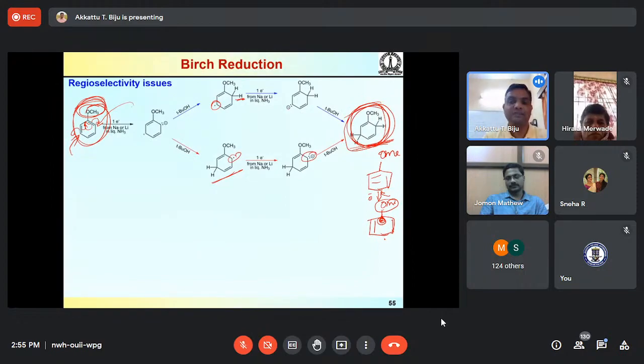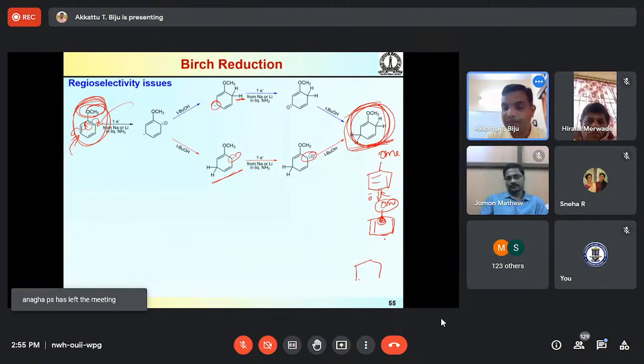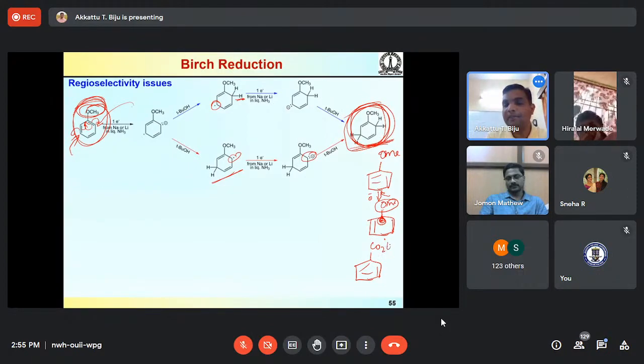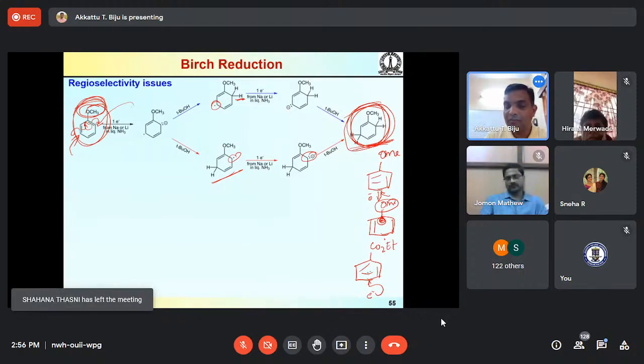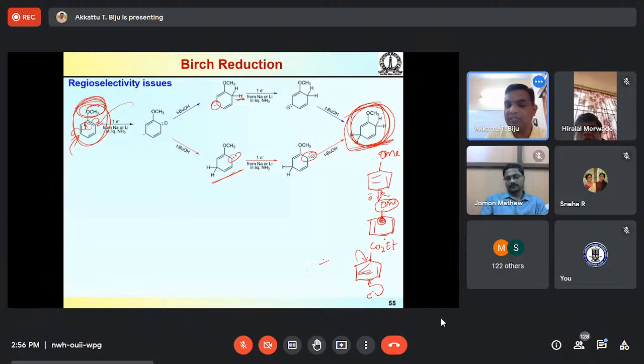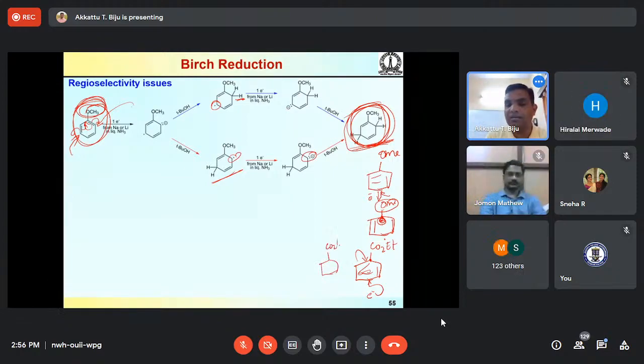On the other hand, if we have an electron withdrawing group, for example ethyl benzoate, in this case the electron addition can happen at the para position, which makes sure that the negative charge will sit on the carbon attached to the electron withdrawing group.